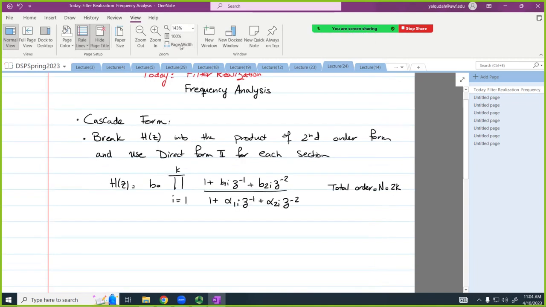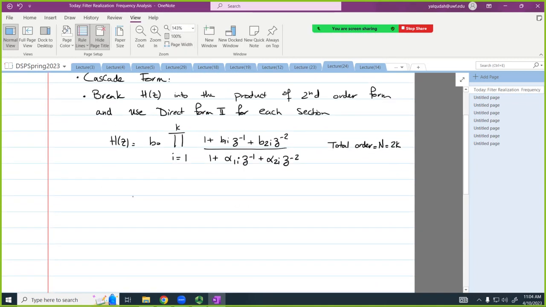Okay. So how does this filter with the cascade realization look like?